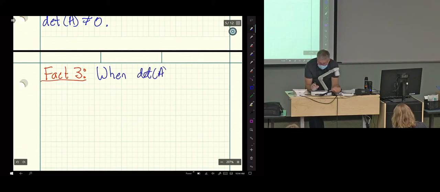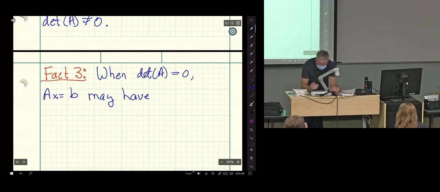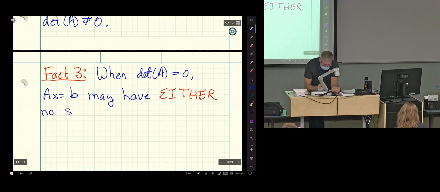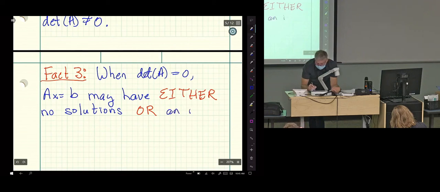When the determinant of A equals 0, AX equals B may have either no solutions or an infinite number of solutions.